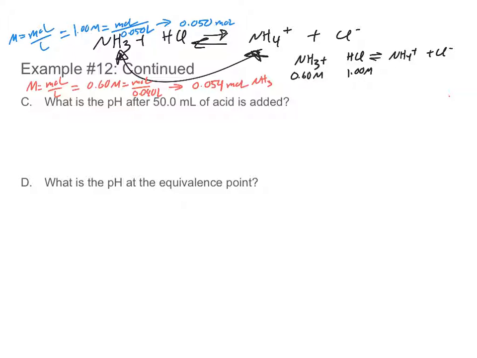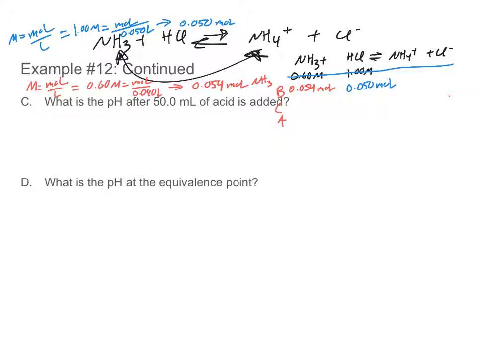So now, in this problem, if we're going to look at it from the perspective of what was left over and what all happened, I'm going to cancel that out for a second, and replace it with the 0.050 moles and the 0.054 moles. So what's my limiting reactant going to be here? Good.